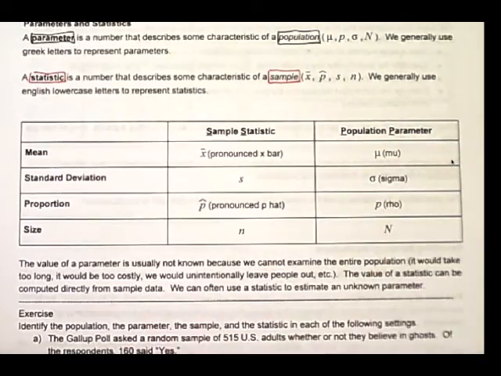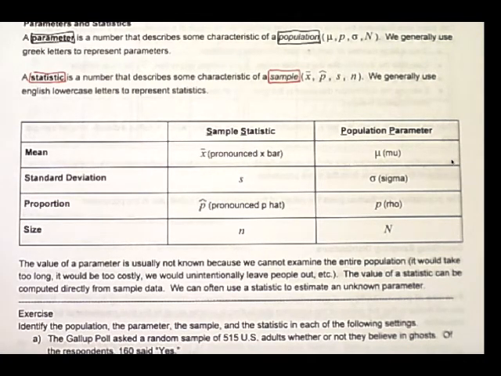The next paragraph says the value of a parameter is usually not known because we cannot examine the entire population. It would take too long, it would be too costly, we would unintentionally leave people out, etc.